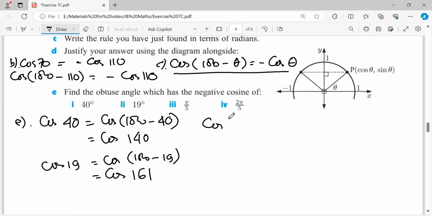And cosine pi over 5 plus cosine pi. Sorry, it's minus. Based on this formula, it becomes minus.